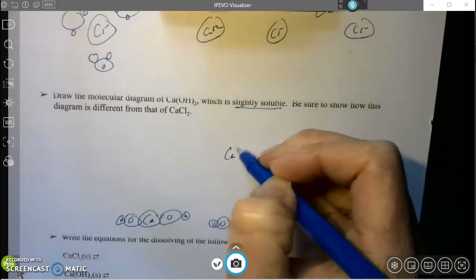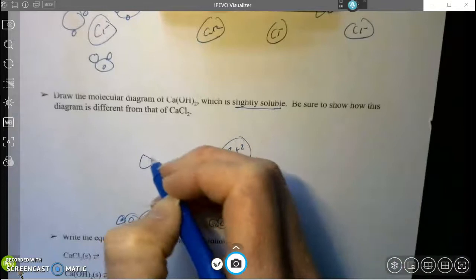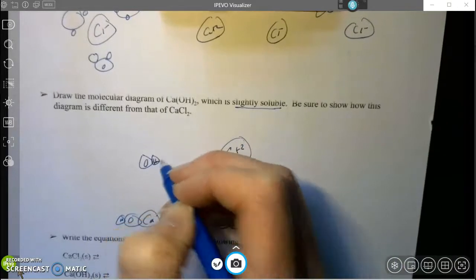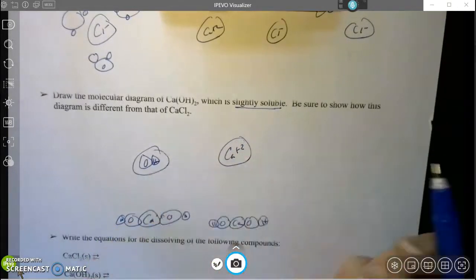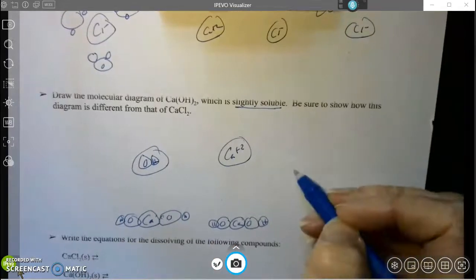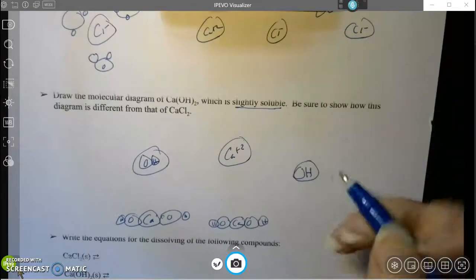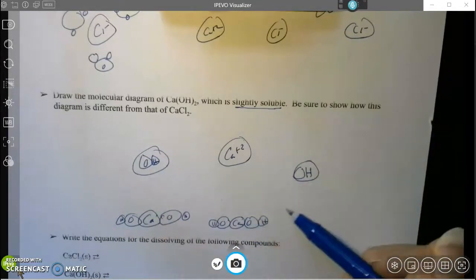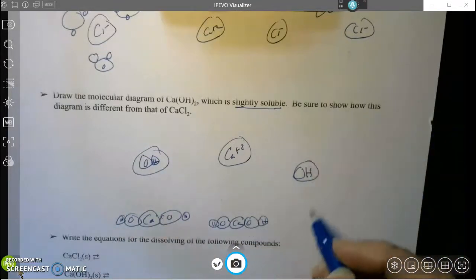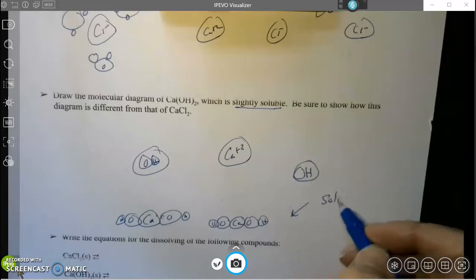And you would have some free-floating calcium. And you could do either OH as two ions together, or you could just do OH as a group to keep that polyatomic ion together. But there would be less. Again, there is solid present.